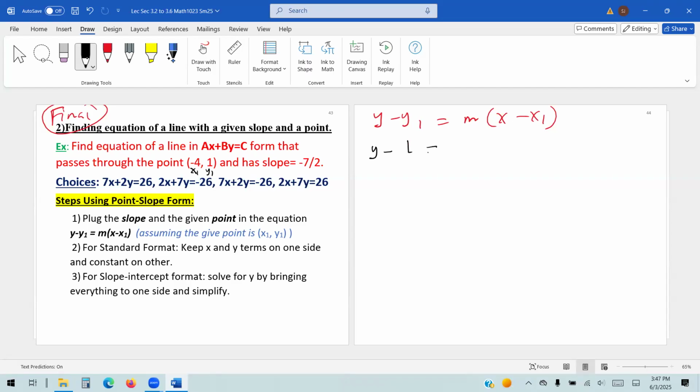What is our slope? Negative 7/2 times x minus negative 4. That means we have a double negative, which turns into positive. So y minus 1 equals negative 7/2 x plus 4.